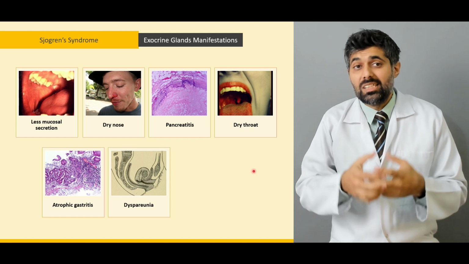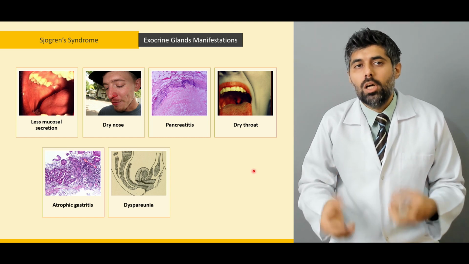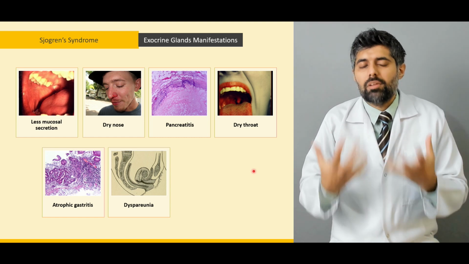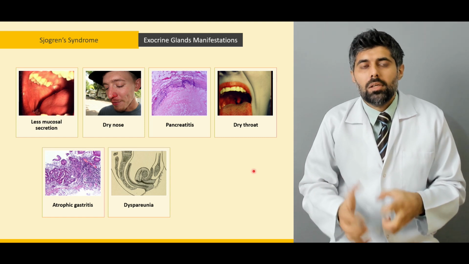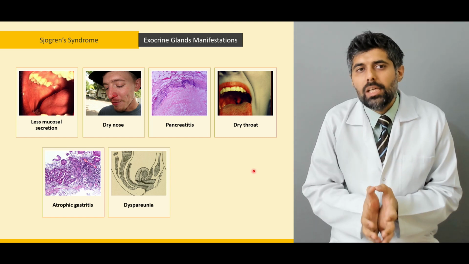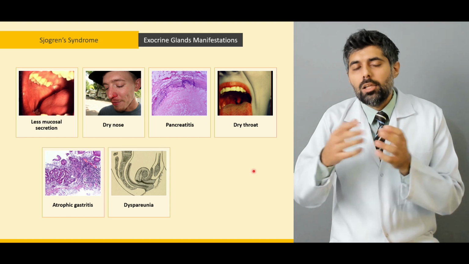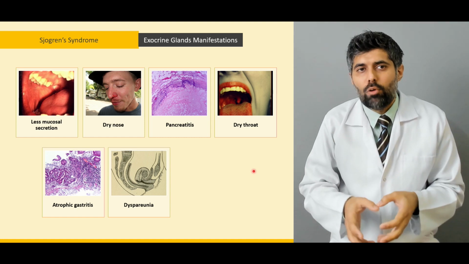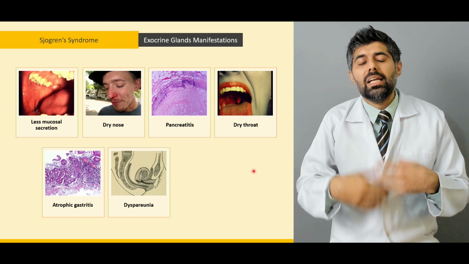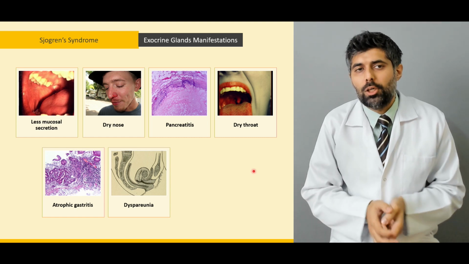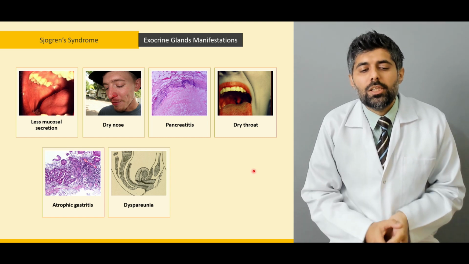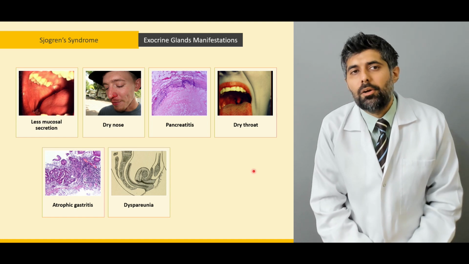And because less sebum is being produced, not only is there less sebum on the face and the hands, but all of the oily nature and the lubrication that is formed around the genitals and inside them is totally gone. And this particular condition is what is known as dyspareunia.